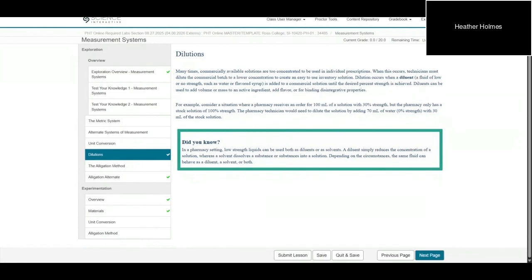Normally, compounding pharmacies deal with this kind of stuff compared to retail, and hospitals would probably use this as well. From the retail portion, you don't see it as much, but you definitely do come across it.